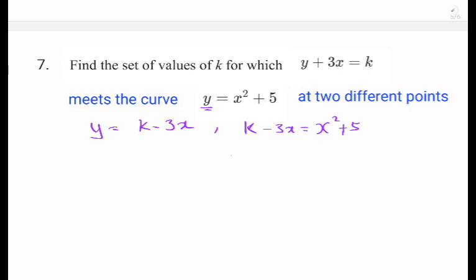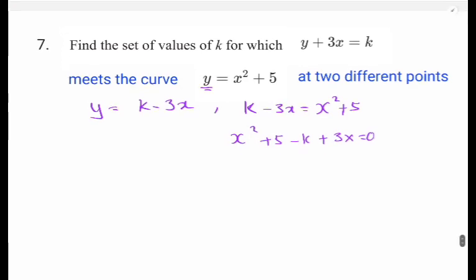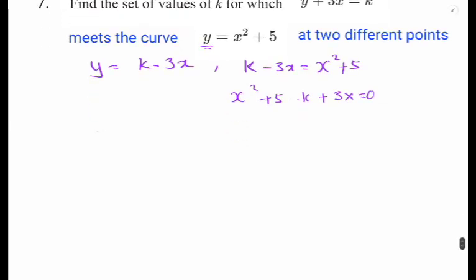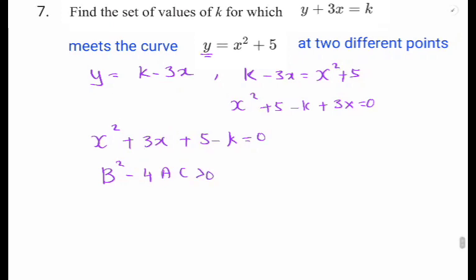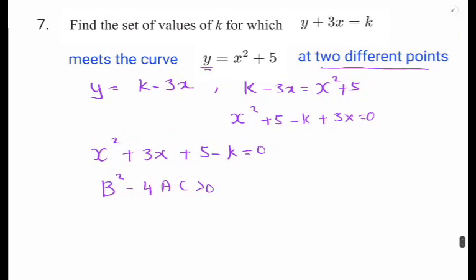That means you have x squared plus 5 minus k plus 3x equal to 0. So you have x squared plus 3x plus 5 minus k equal to 0. So if it meets at 2 points, it means b squared minus 4ac bigger than 0. No equals because you already say at two different points.